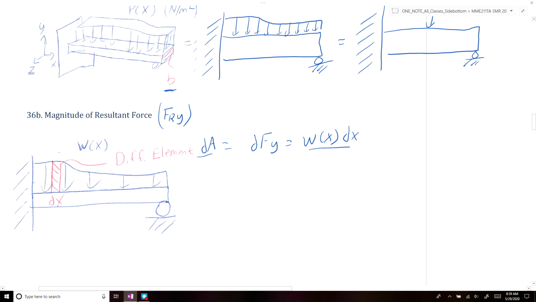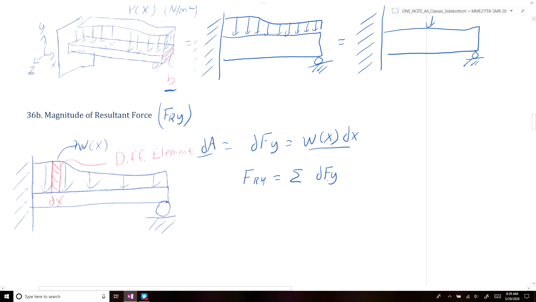That's just the height of our distributed load at that point times the width of that point. So the total resultant force in the y-direction would be equal to the sum of all these smaller differential areas.